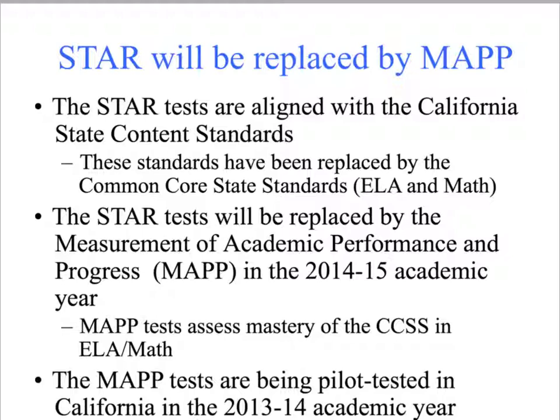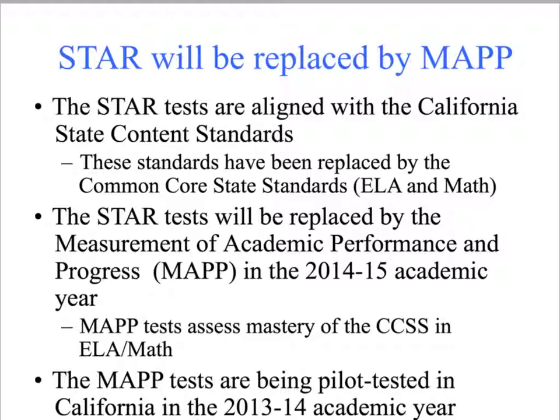As we discussed last quarter, the STAR test system is going to be replaced by the MAP testing system. The reason has to do with the implementation of the Common Core state standards. The STAR tests are aligned with the California State Content Standards, which have been replaced by the Common Core state standards.